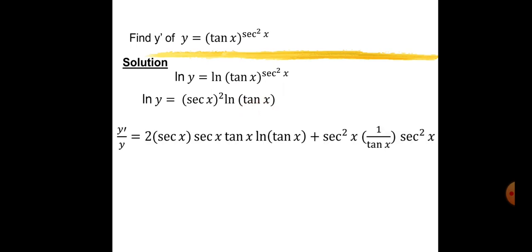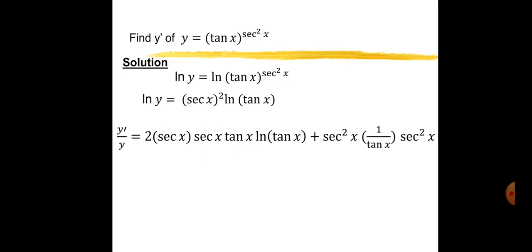Now find the derivative. The derivative of ln y is y prime over y, and we have here a product of two functions, sec squared x and ln 10x. So the derivative of the first: put the power down and subtract 1 from the power, so we have 2 sec x to the power 1 times the derivative of what is inside. The derivative of sec is sec x tan x.